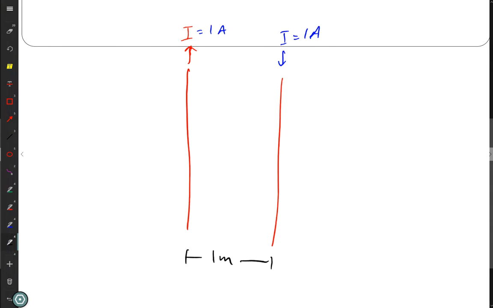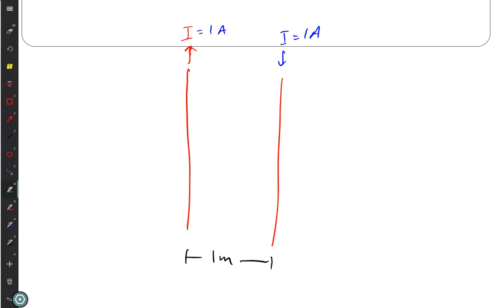If these wires are infinitely long, then I can calculate the magnetic field created by a wire. So let's just take the left-hand wire. At the position of the right wire, what direction is the magnetic field due to the left wire? I see somebody was ahead of me already. Which way? Into the screen. Into the screen.